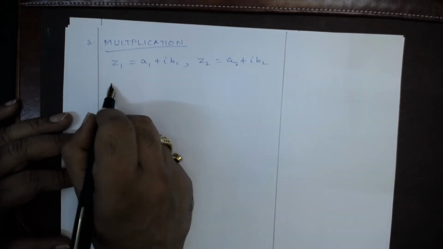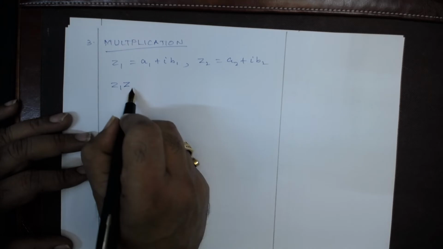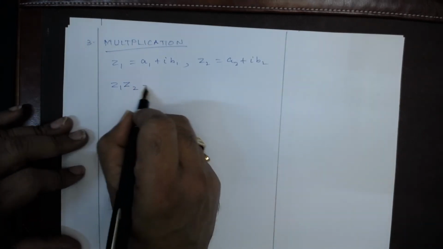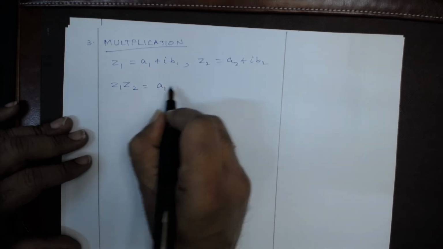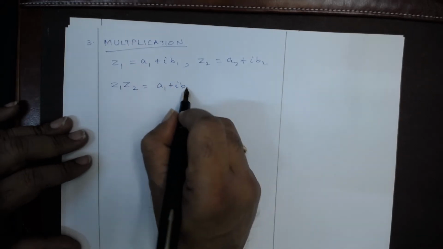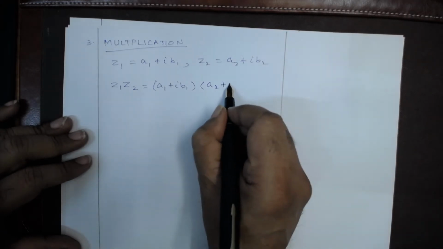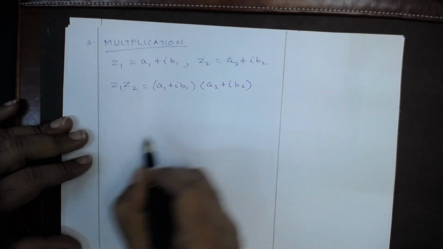Now the product Z1 Z2 is equal to (A1 plus iB1) into (A2 plus iB2).